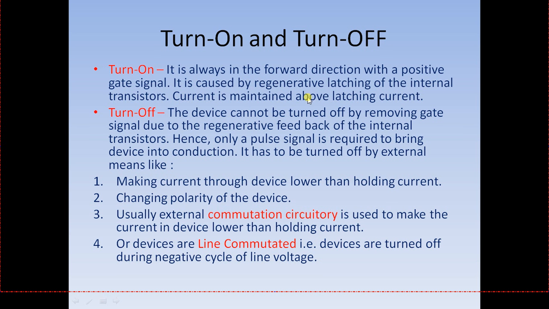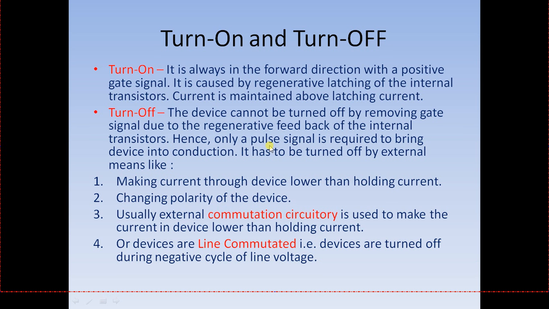Okay, but how do we turn off a thyristor? Because the gate signal cannot be used to control the turn off of the thyristor. The device cannot be turned off by removing the gate signal due to the regenerative feedback of the internal transistors.